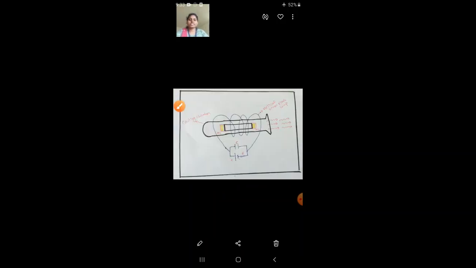So we will see this picture. First of all, we have to take one active medium. This is our active medium, which usually has Al2O3 plus Cr3+ ions. This active medium has two ends, and these two ends are covered with mirrors.